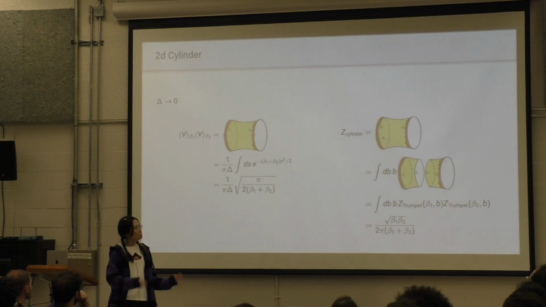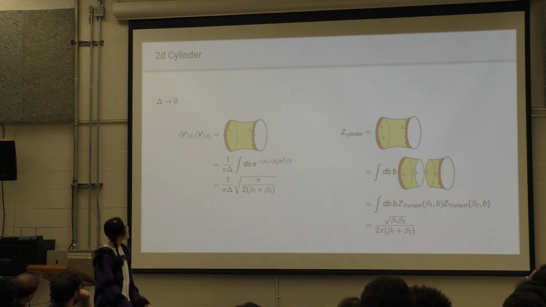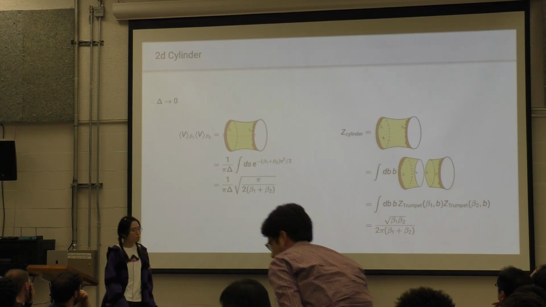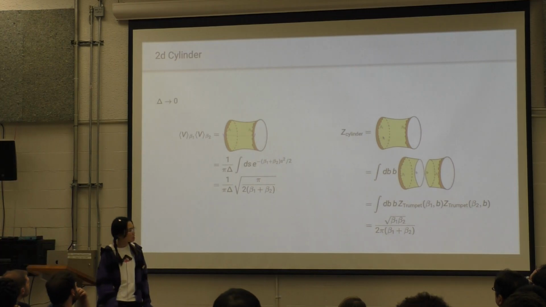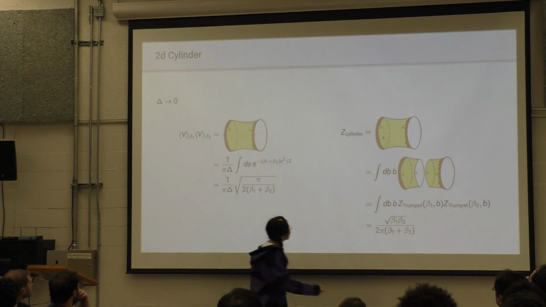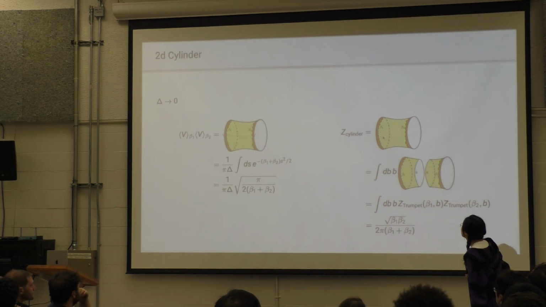Now, we think about the partition function of a cylinder versus this object, a cylinder but with one insertion on each boundary, on the left side.